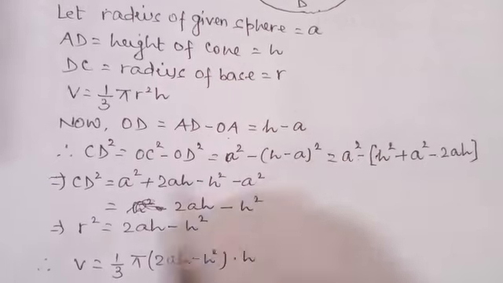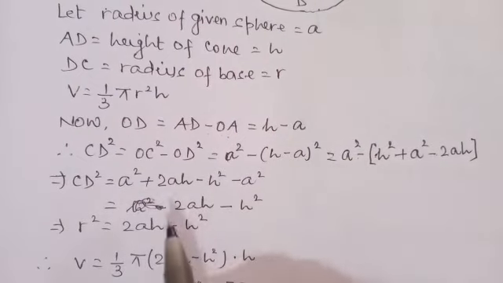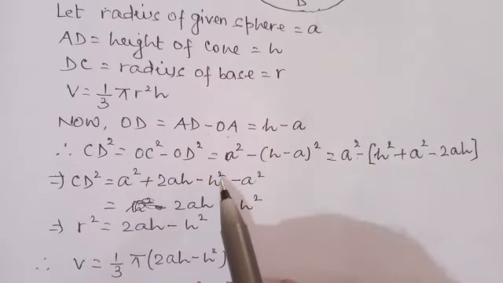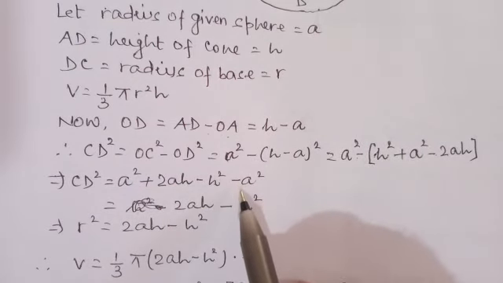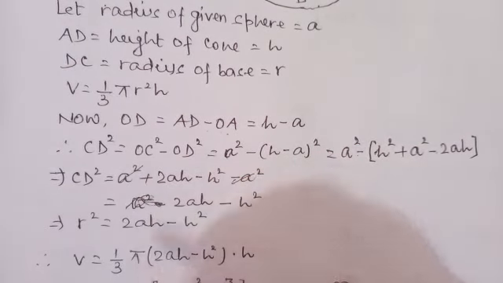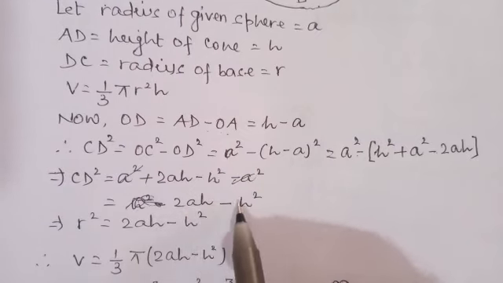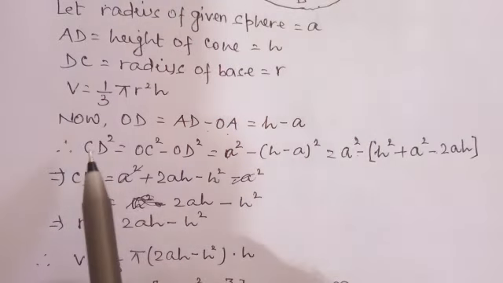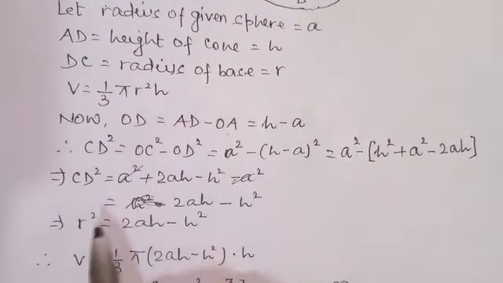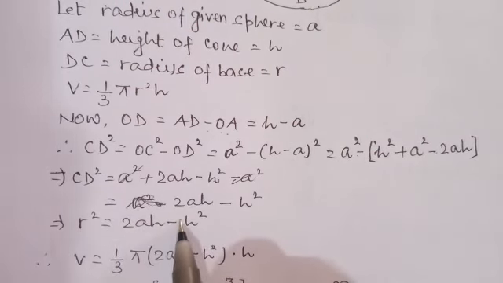So it should be written as CD square is equal to A square, write down first positive, plus 2AH minus H square minus A square. Now A square and A square cancel. So we only have left 2AH minus H square, that is CD square, and CD is the radius of the base. So R square is equal to 2AH minus H square.